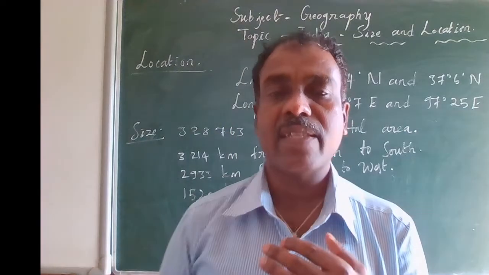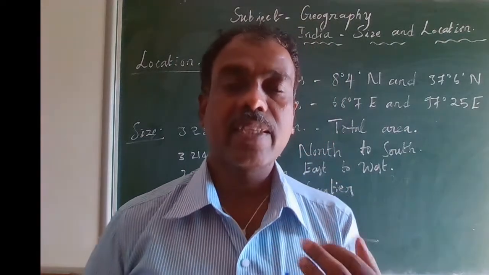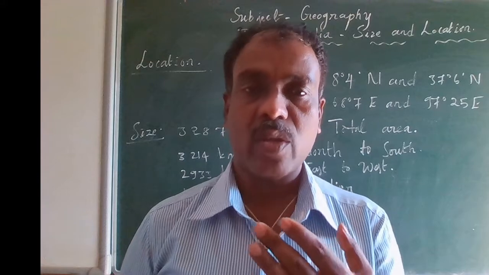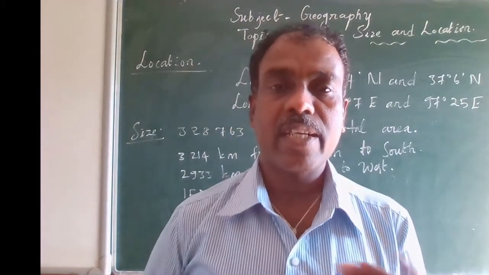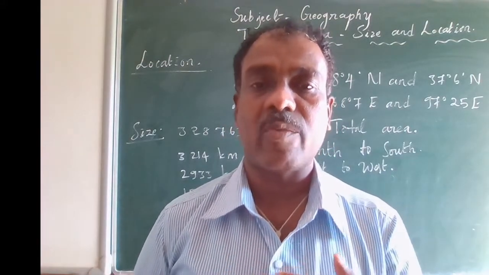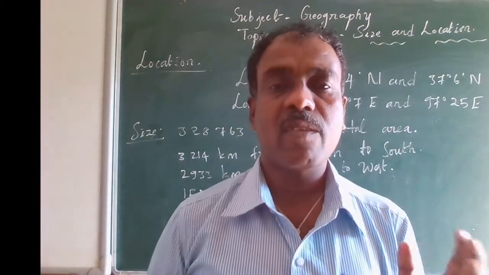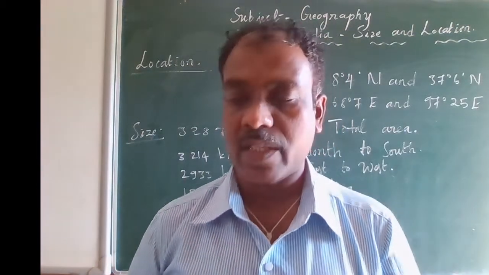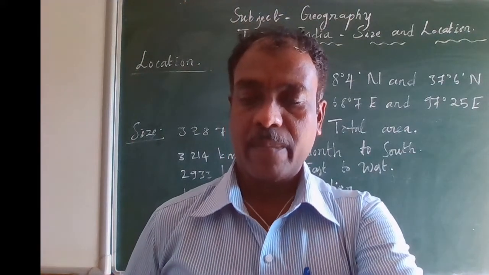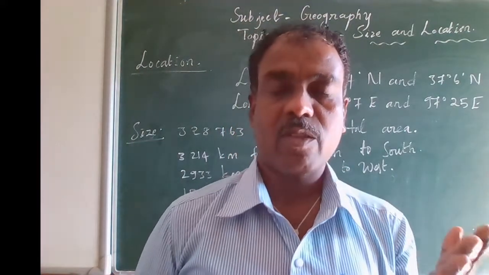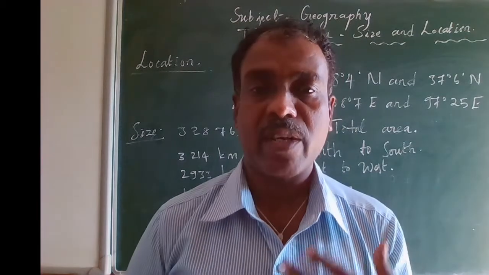The Tropic of Cancer, 23 degree 30 minutes north, divides India into two equal halves. And in the southeast and southwest we can see respectively the group of the Lakshadweep Islands and the Andaman and Nicobar Islands.